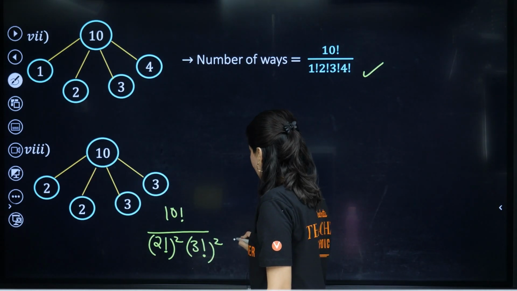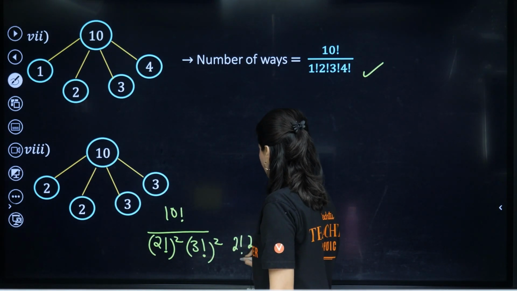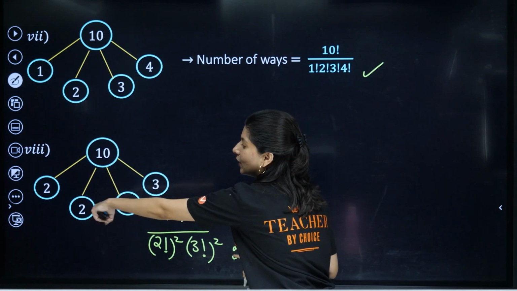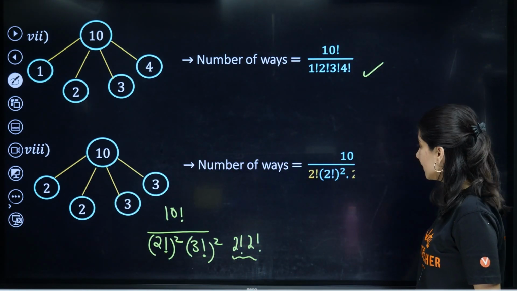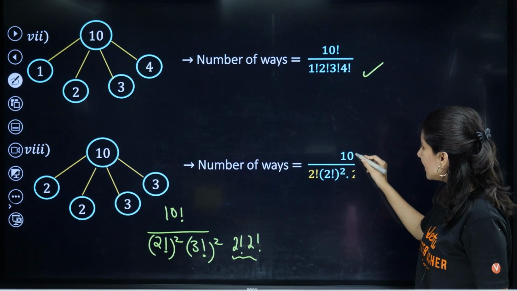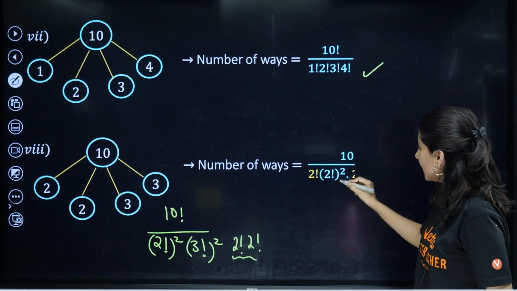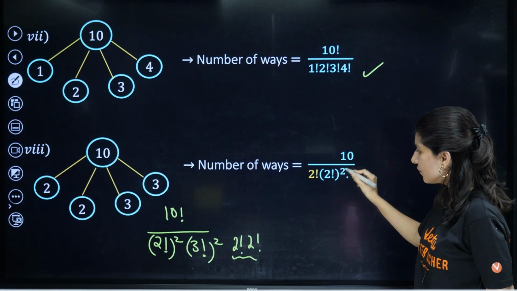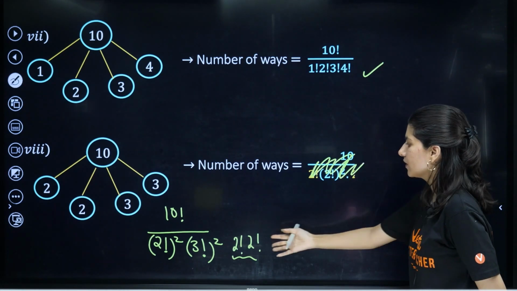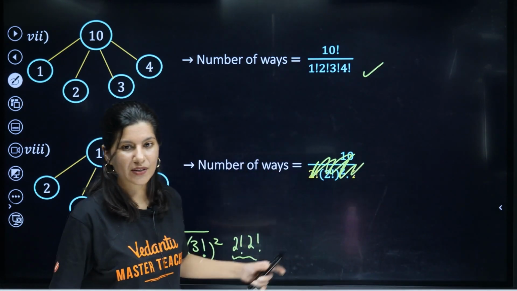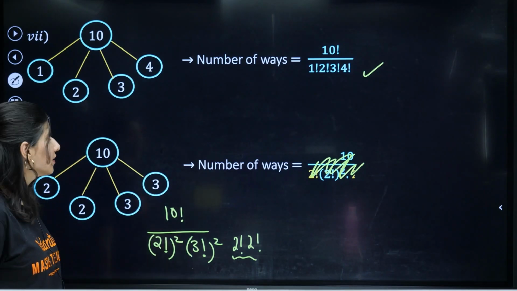So that's why 2 factorial, 2 factorial. This is for equal groups of 2, and this is for equal groups of 3. So what will be your answer? 10 factorial by 2 factorial... Oh, this you can just ignore. This is the correct answer. This is a misprint, half printed.